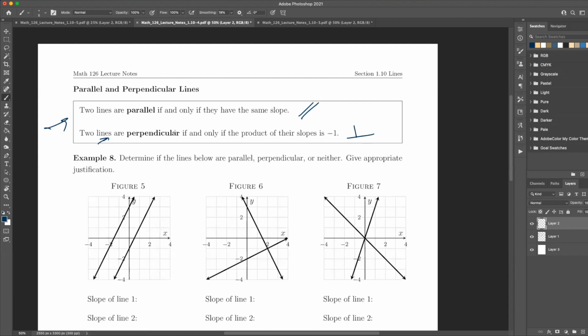That's not entirely true. If and only if means, if the product of the slopes is -1, yes, it's perpendicular, right? But if it's perpendicular, the product of the slopes may not be -1.